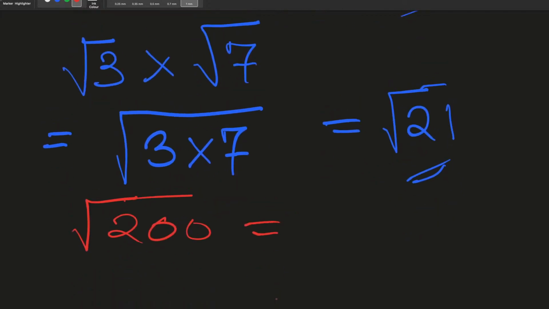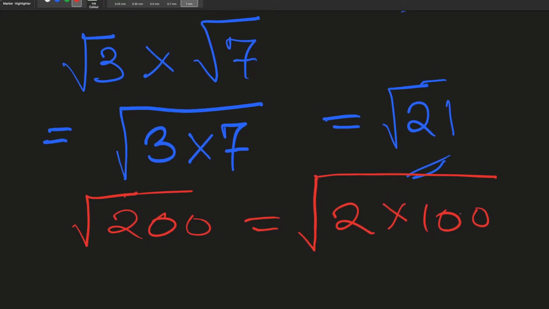As I said, it's always wise to divide the number by 2, which helps us split the number. So this is 2 times 100. Now let's look at the 100.